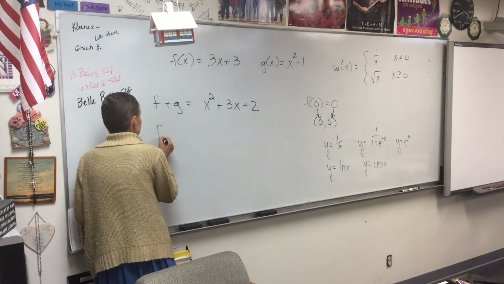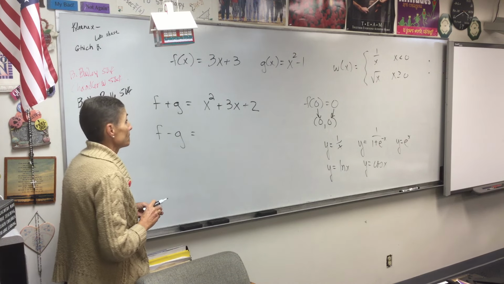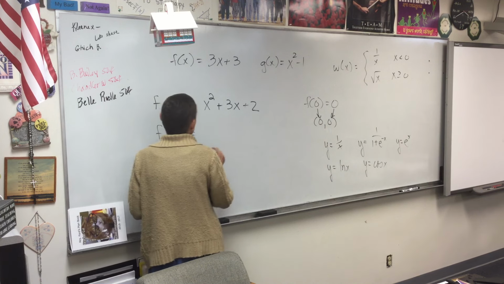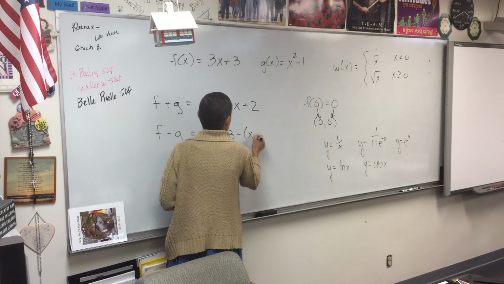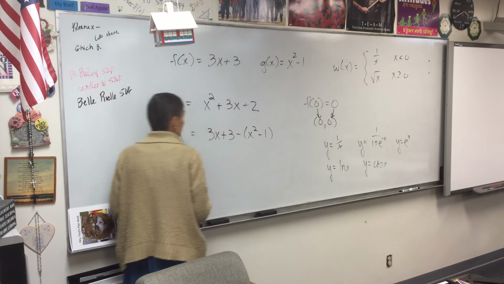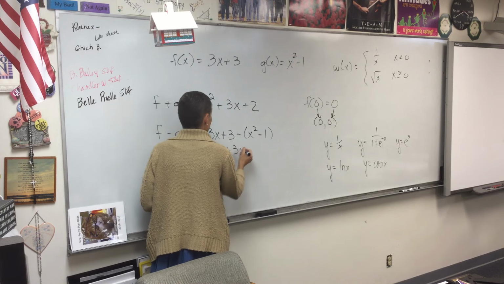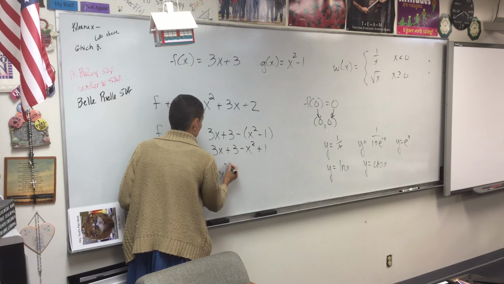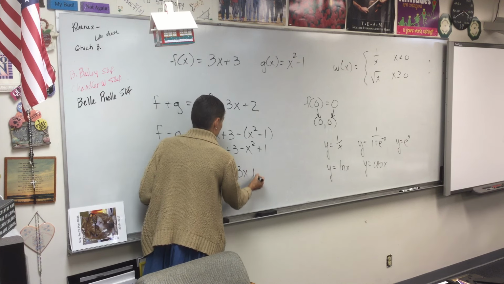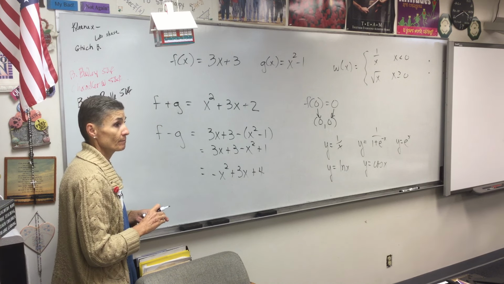And similarly, if I said f minus g, I'm going to go ahead and write this one out because I'm afraid I'll make another mistake. If I'm doing f minus g, I have to be careful to distribute my negative. So that'll be negative x squared plus 3x plus 4. Did I do that right? Yeah. That's easy.